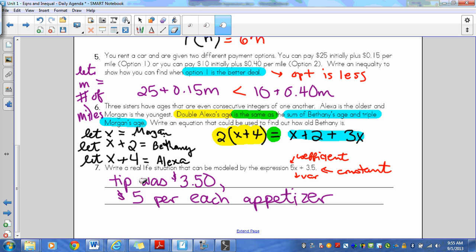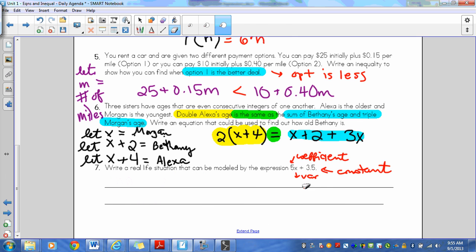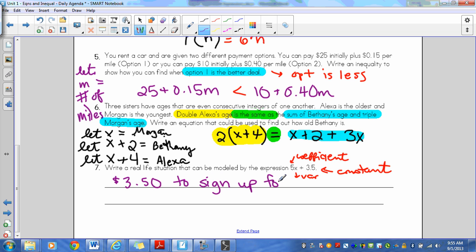What's another one I could do? I could do a situation where it's $3.50 to sign up for a website. Let's say Instagram charges $3.50 to sign up for it, and then say it's $5 per, like say this is a teacher website.